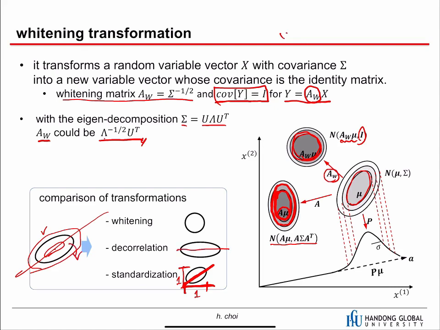So this one and this one are orthogonal and not correlated at all, but we didn't change the variance. This variance might be 2 and this variance might be 0.7 or something. But if we apply the whitening transformation to this distribution, then we have variance 1 in this dimension, and in this dimension we have variance 1, and there's no major axis here, which means there's no correlation between this and this. So it's whitened.